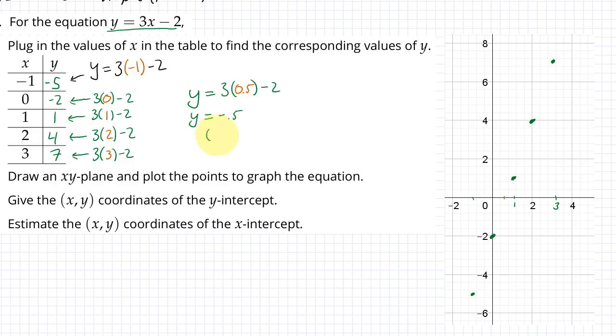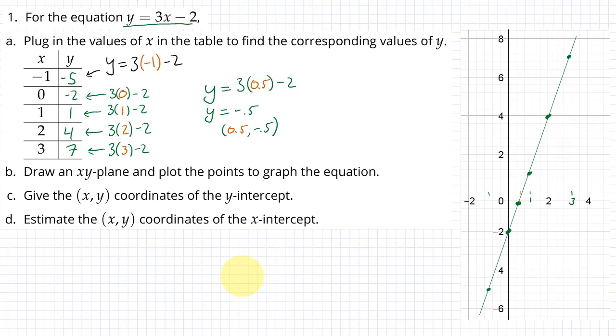So that means this has the point (0.5, -0.5), which is right about here. And anyways, that's another one of the points on the graph. And if we want to include all of those points, we don't actually have to plug in every single one and then draw a million little dots, we can just draw a line through it, like so. And that came out looking okay.